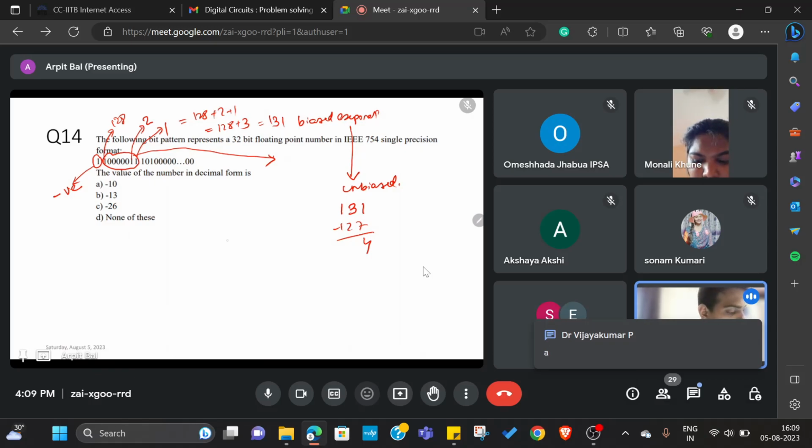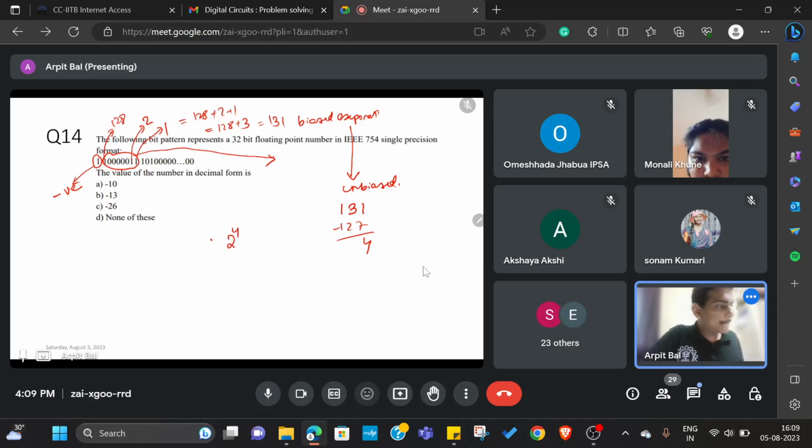So this becomes 2 to the power 4. Then we will have an implied 1 because the IEEE standard represents it that way. So 1.101, and the rest all zeros, which doesn't matter. We need to represent this in decimal format. So it is minus, then shift to the right by 1, 2, 3, 4.